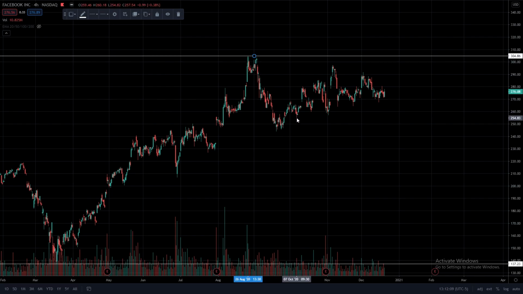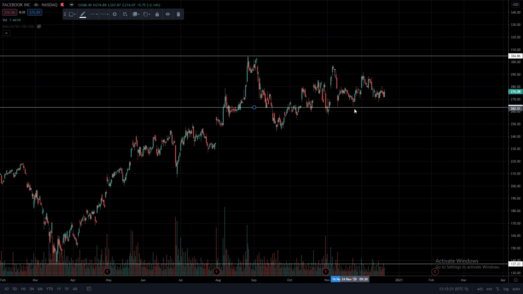And now we're going to be looking at areas that acted as support or resistance frequently. So we're going to be looking at areas like right here. As you can see, there's lots of support here as it tested here, here, here, here, and multiple spots right there. We're going to also mark here.